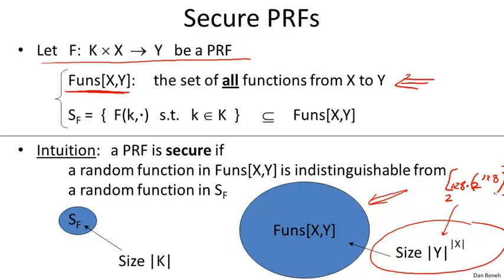Now we're going to look at a much smaller set of functions, namely I'll call this set S sub F, and that's going to denote the set of all functions from X to Y that are specified by the PRF as soon as we fix a particular key k. Okay, so we fix the key k, we let the second argument float, and that basically defines a function from X to Y. And we're going to look at the set of all such functions for all possible keys in the key space.